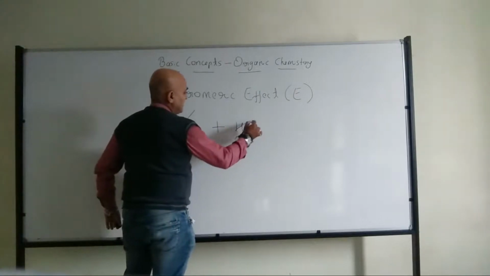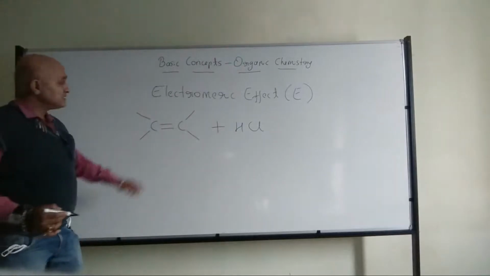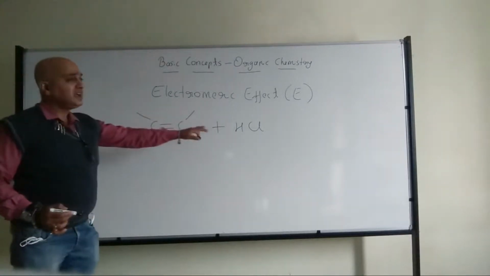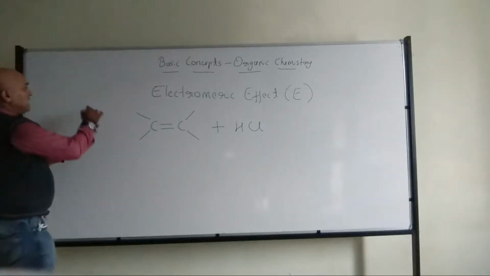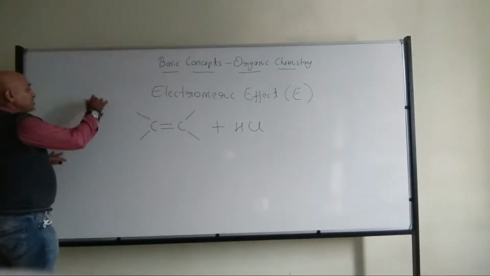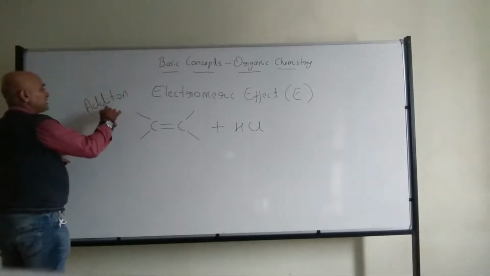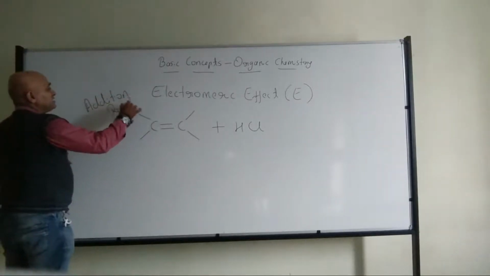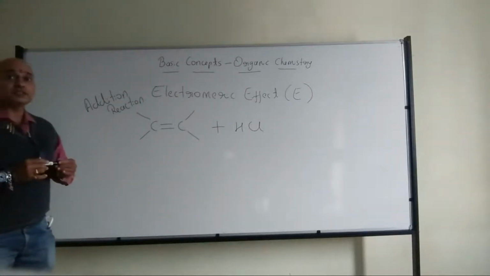Since there is an unsaturation, an addition reaction can take place. What do you mean by addition reaction? Addition reaction means nothing will be removed. Try to understand all these things. Addition reaction, once again you are going to study in your hydrocarbons topic.